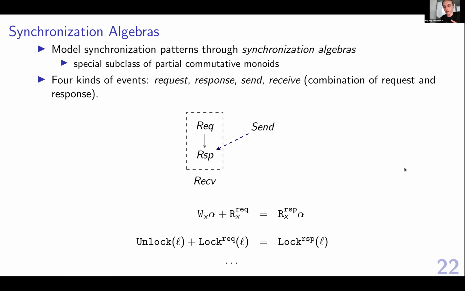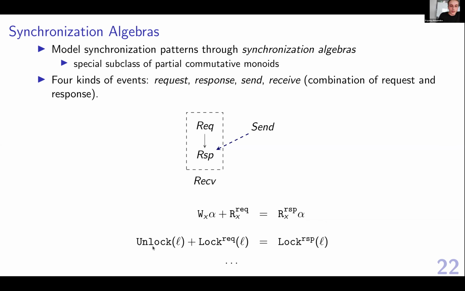By synchronize, we mean that we check if we can create another event that represents the result of synchronization of two other events. For example, a write event that writes value alpha can synchronize with a read request event to the same location, and the result is a read response event with the value that was written by the write event.